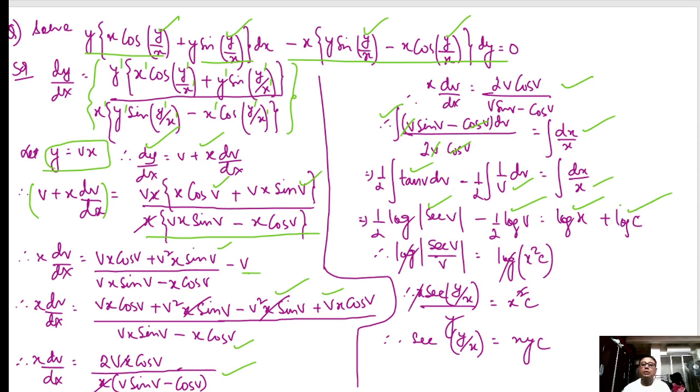So take half common from these two. So log a minus log b is log a by b, and it becomes, this LCM will be 2.